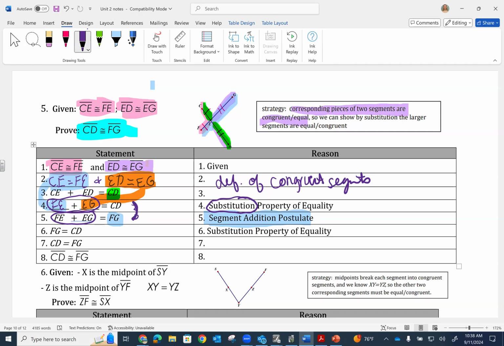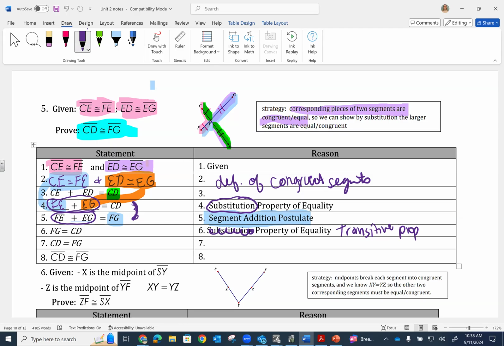They have to be equal as well. Why? Actually, let's fix this, because it should be the transitive property. That should really say the transitive property of equality, because they're switching a whole side of an equation.